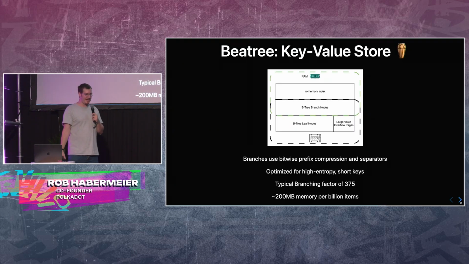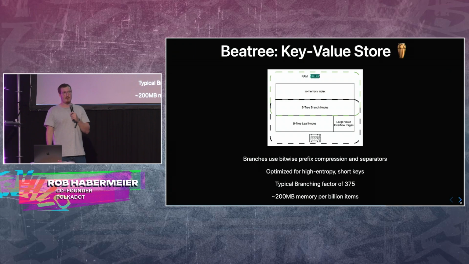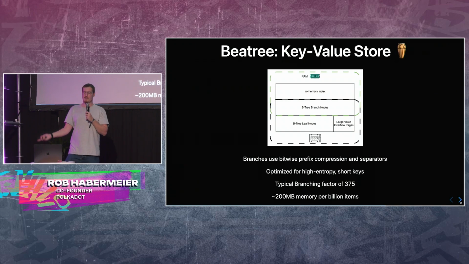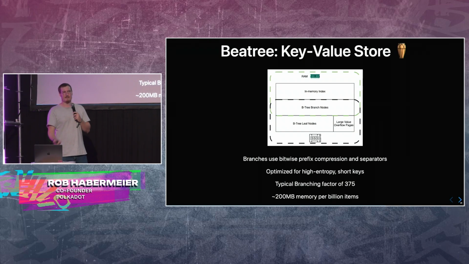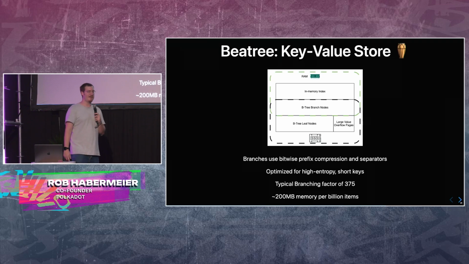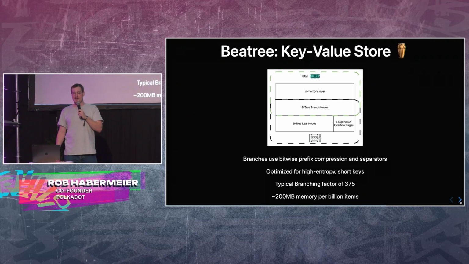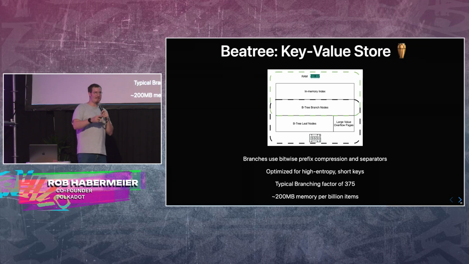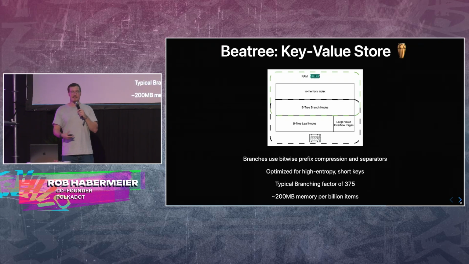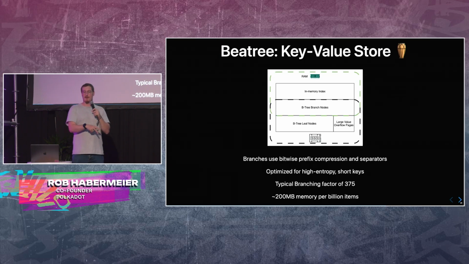We have a B-tree, right? So this is our key-value store, just maps, say, addresses to balances, you know, state item locations to state values. It's a customized B-tree that's meant to be super space efficient so that we can keep the entire index in memory. We estimate, and this depends on how long your keys are and how big your values are, around 200 megabytes of memory per billion items, so it's not that much.